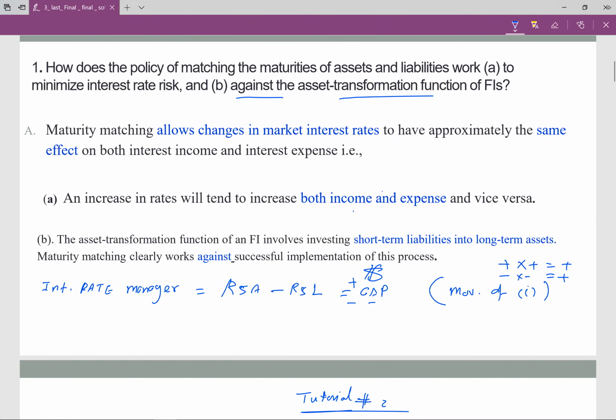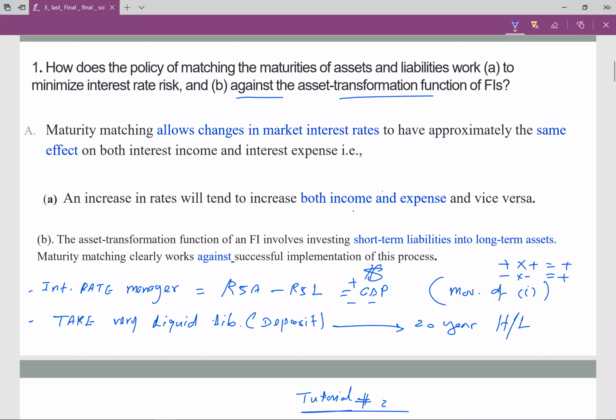Come to the function of intermediation. Intermediation is telling me the following. Take asset transformation, which we talked about, this concept of taking a very liquid liability like my deposit, which is for 1 month, and please convert it to a 20-year housing loan.